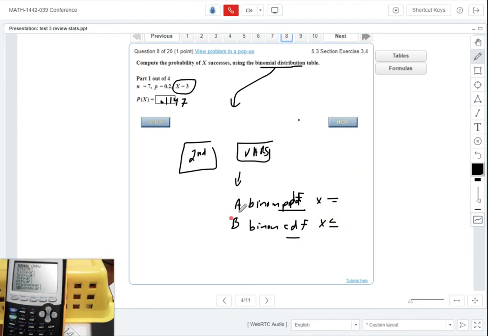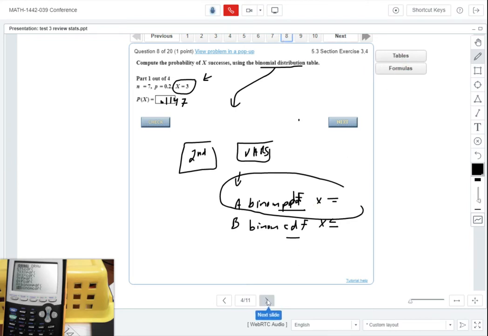So that's the difference between binomial PDF and binomial CDF. I think I put this out on a video if you look in the module section. All right, so we had to use A because the problem says x equals 3. Okay. So, by the way, that was problem 8 of the homework, if you look up here.